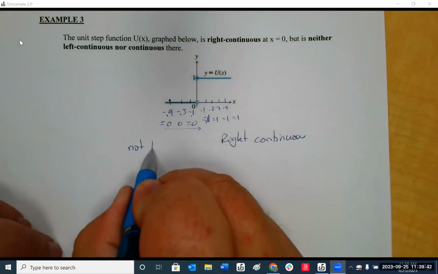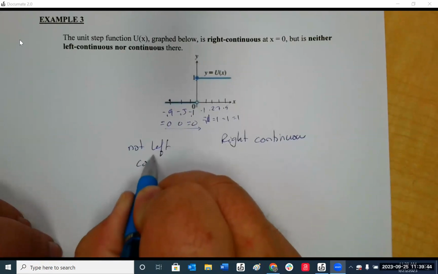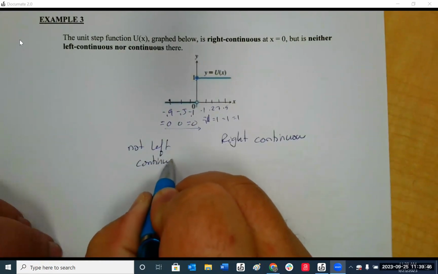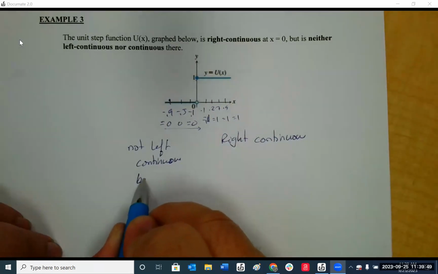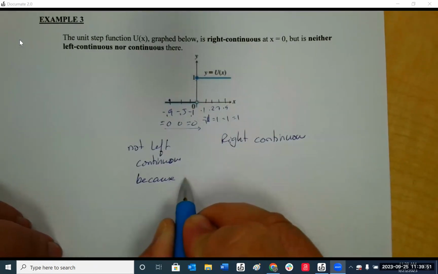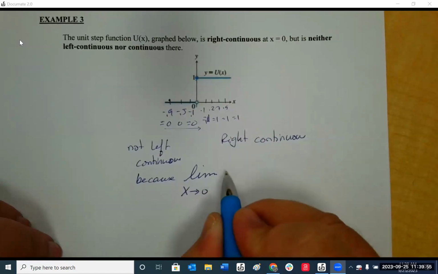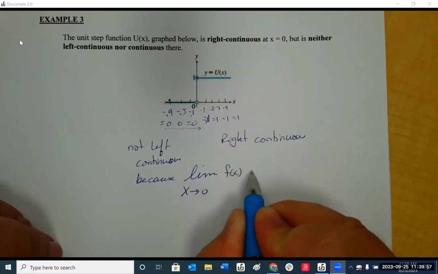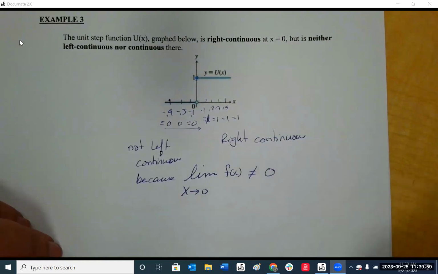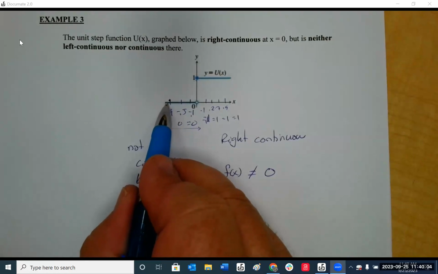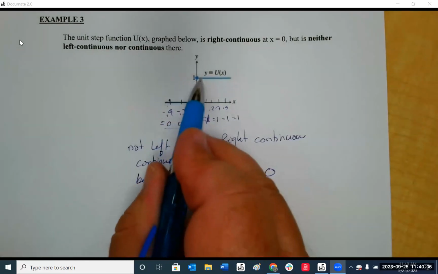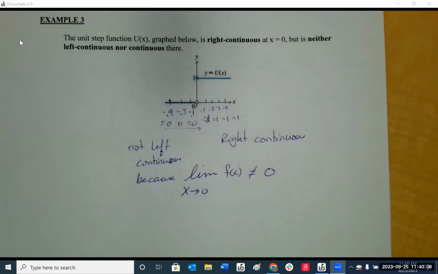It's not left continuous because the limit as x approaches 0 of our function does not equal 0. All of these values say it's supposed to go to 0, but it jumps to 1. It's a jump discontinuity, and that's the reason why it's not left continuous.